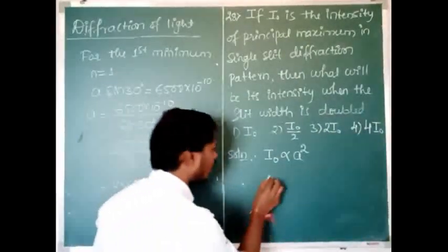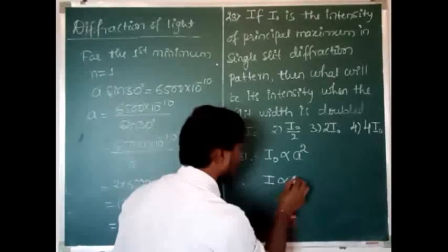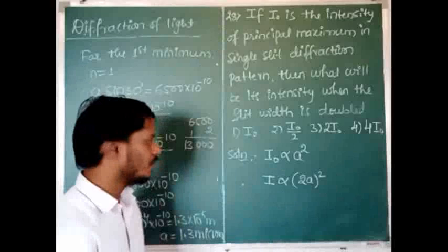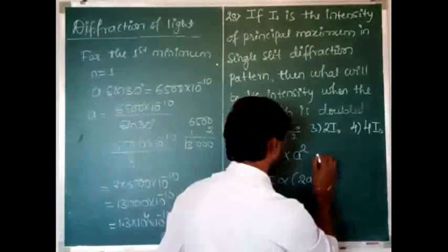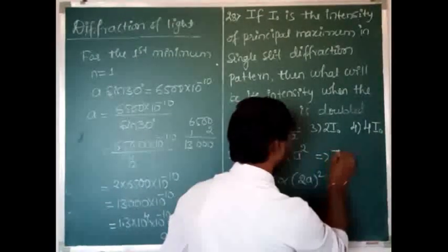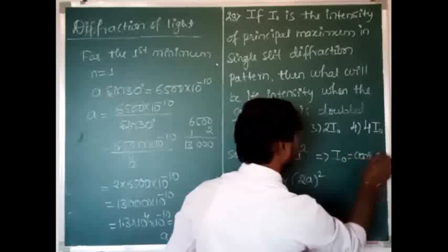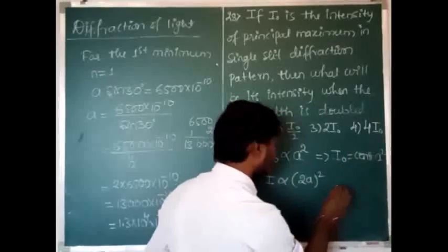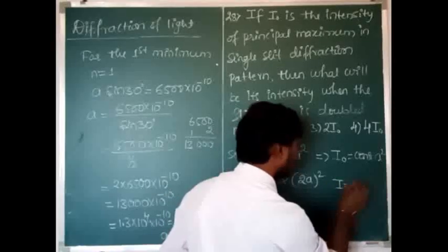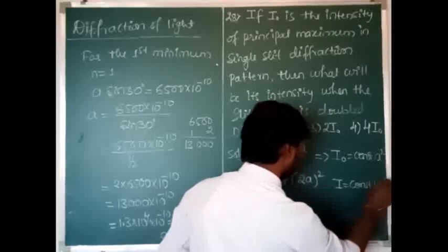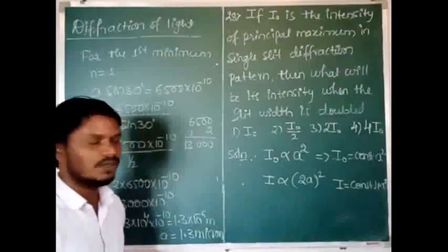Let that be I. I is directly proportional to (2a) square. I will write I naught equal to constant into a square. Then I is equal to constant into 4a square, because (2a) square is nothing but 4a square.